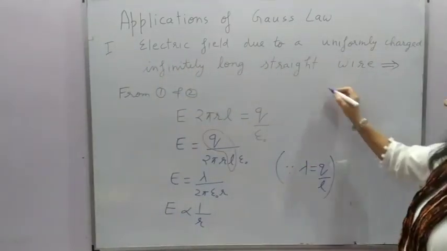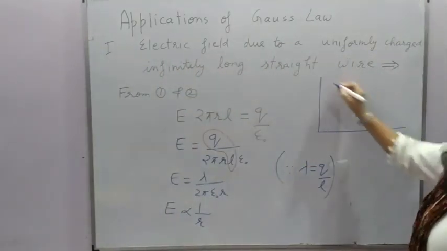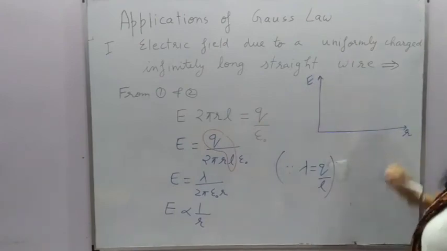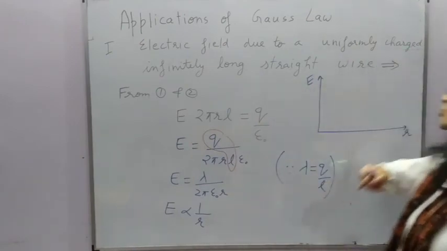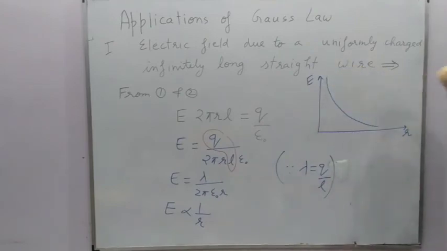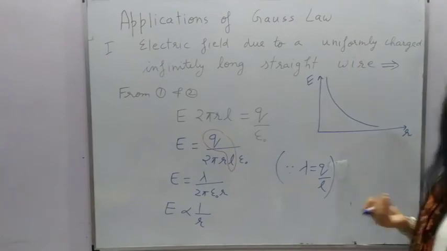If I want to draw the graph between the electric field and the distance R from the wire, since it is inversely proportional to the distance, the graph will be like this. That's all for now.